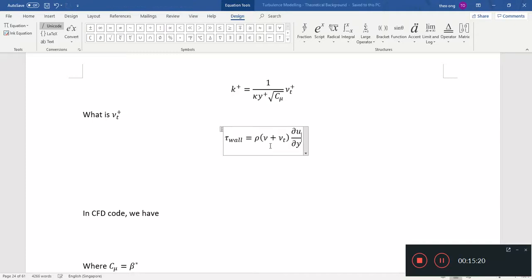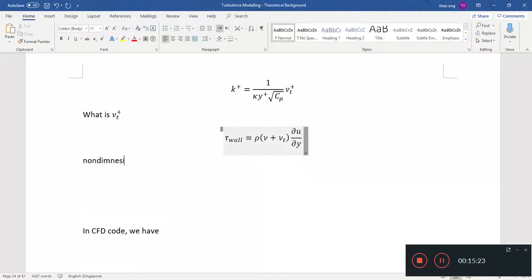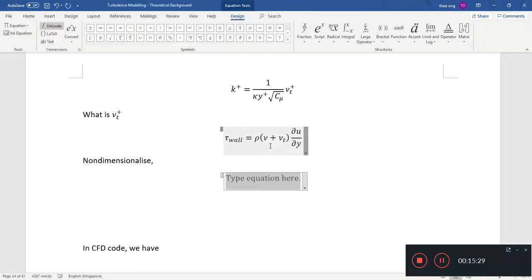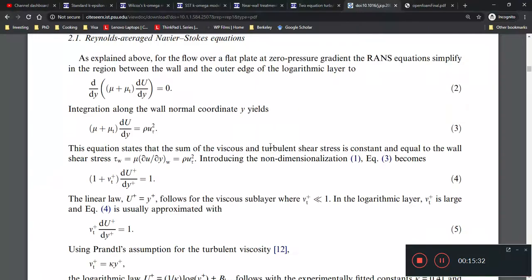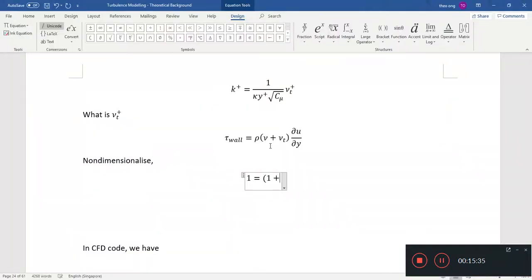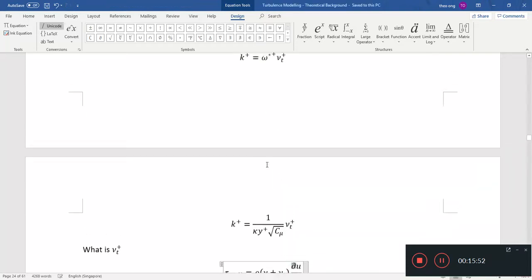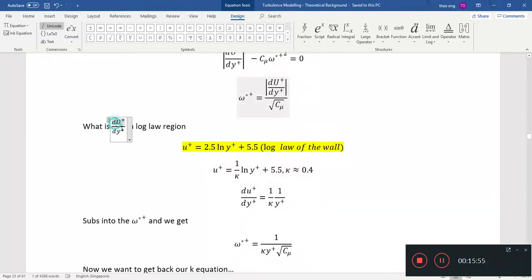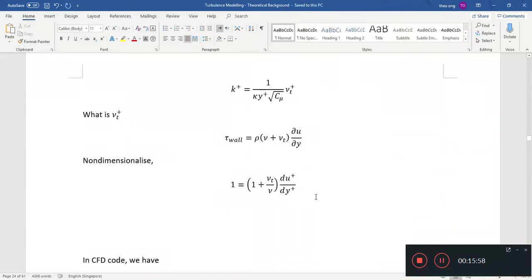If you non-dimensionalize, then we get 1 equals 1 plus nu t over nu, times du plus dy plus. I kind of change the caps every now and then from here to there, depending. But that's basically what nu t is about.